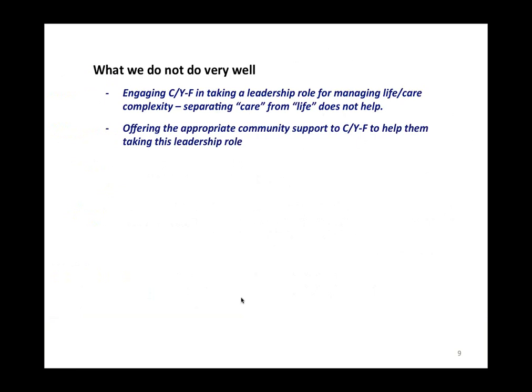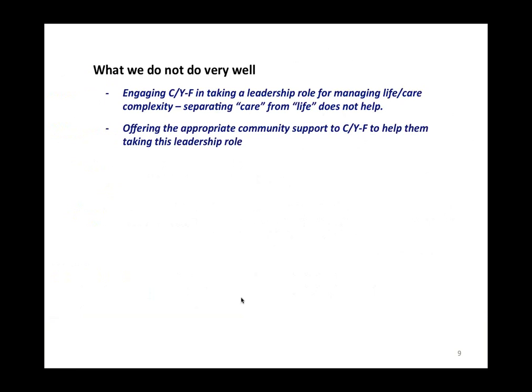And separating care from life regarding complexity does not help much because it's very hard to resolve the issue of care complexity if we don't attack the life complexity of the individuals.